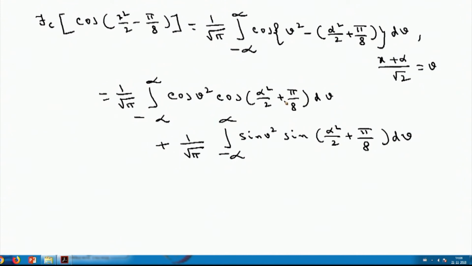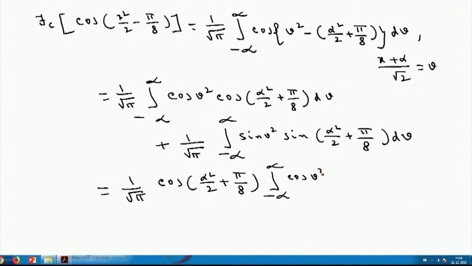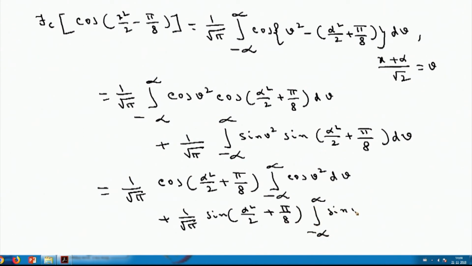So, you can bring this cos of alpha square by 2 plus pi by 8 outside here. So, this will be 1 by root pi cos of alpha square by 2 plus pi by 8 into the integral from minus infinity to infinity of cos of v square dv, plus 1 by root pi into sin of alpha square by 2 plus pi by 8 into the integral from minus infinity to infinity of sin of v square dv.